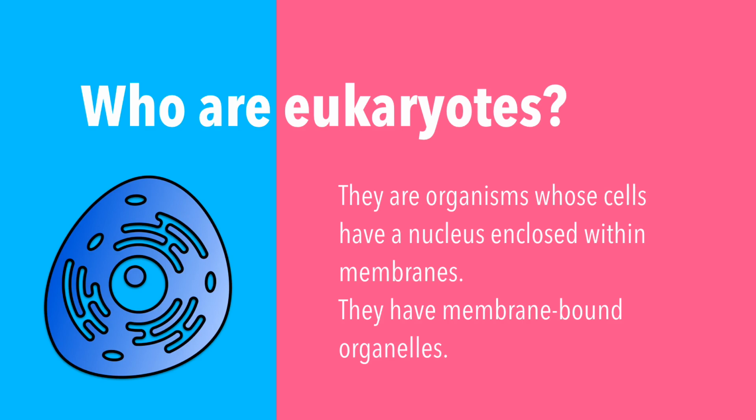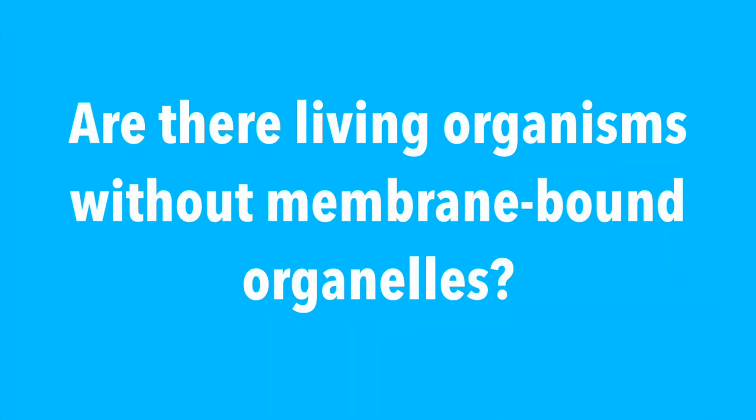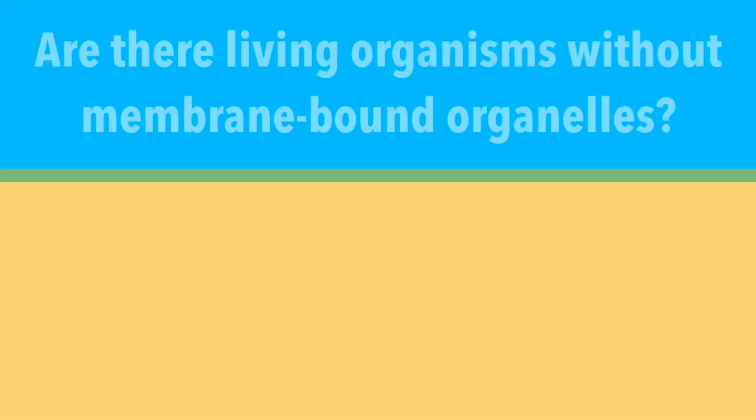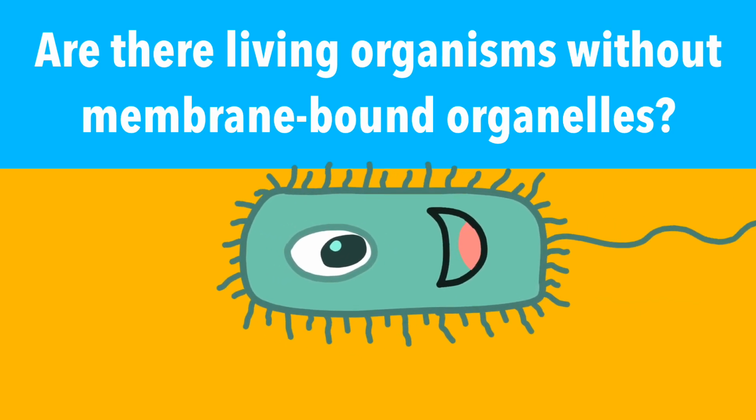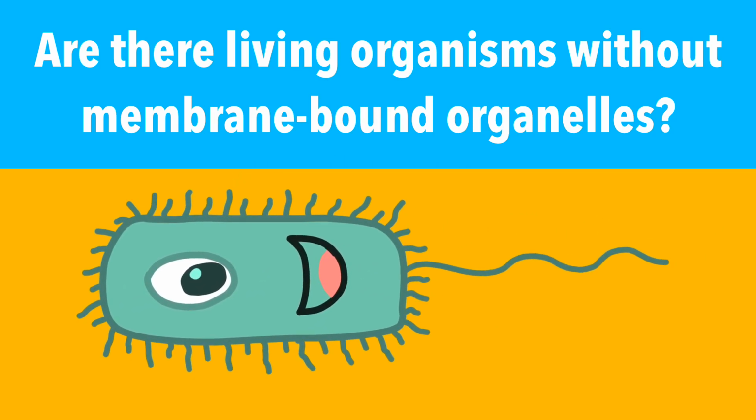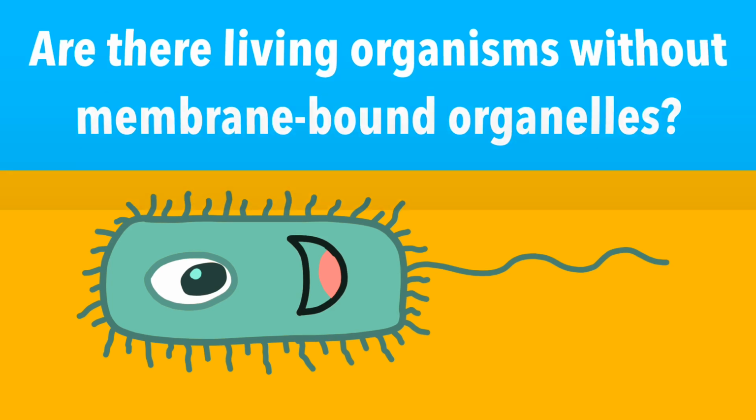Okay, now you may have a problem. Are there living organisms without membrane-bound organelles in the cell? Yeah, there are prokaryotic cells. But today we are going to discover the animal cell. So, let's begin the journey of eukaryotic cells.